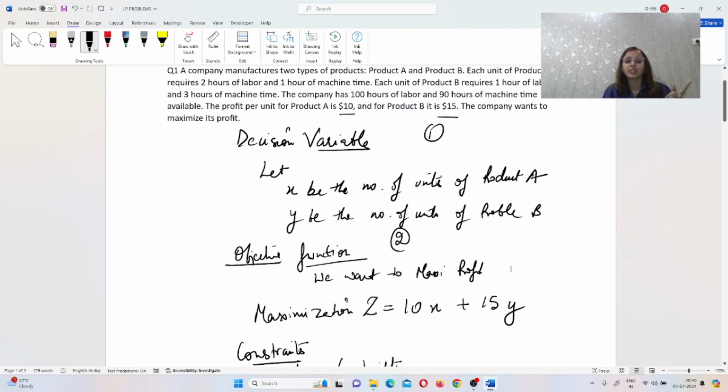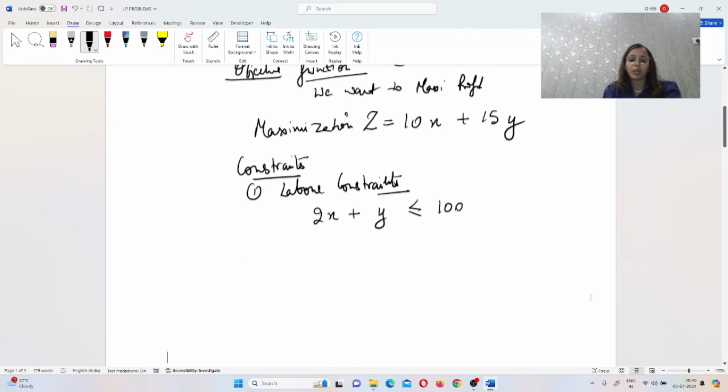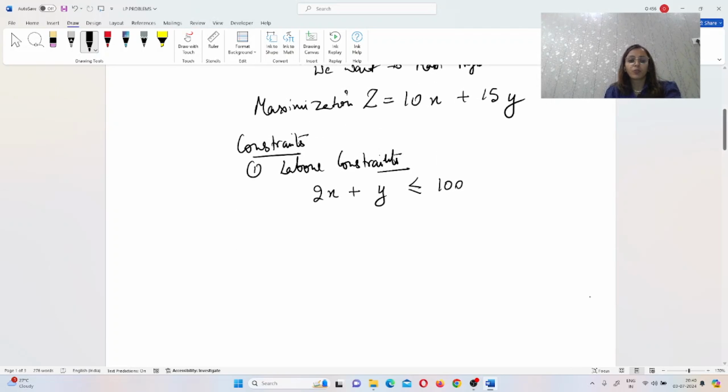Why have we used this? Product A requires 2 hours of labor and product B requires 1 hour, so the total labor for X and Y, added together, must be within the limit of 100. This is my first constraint.